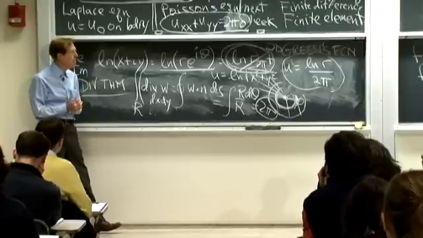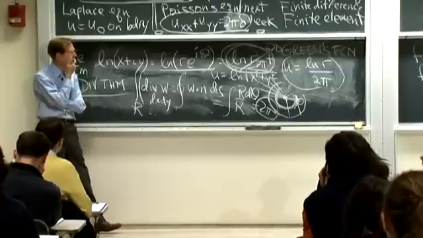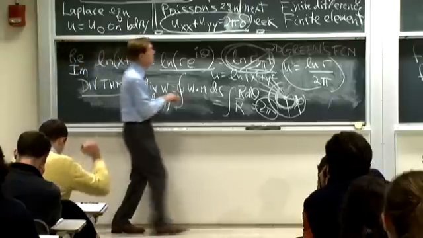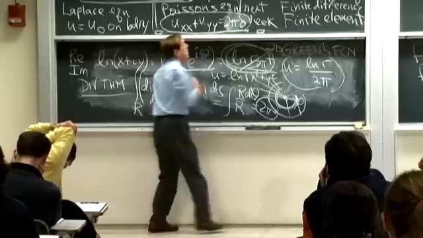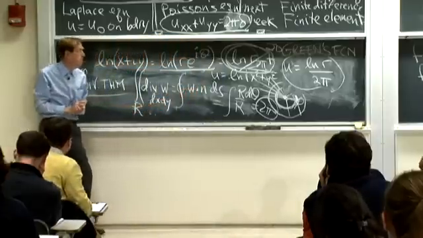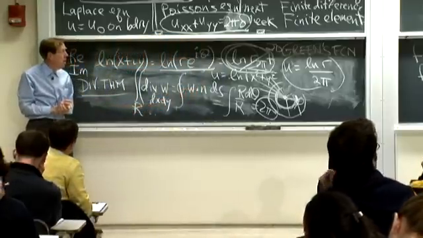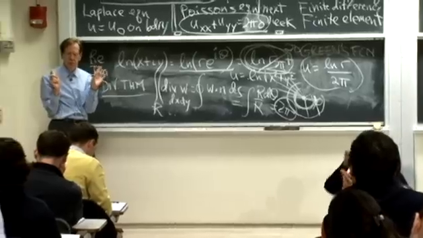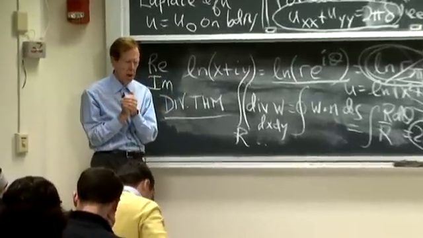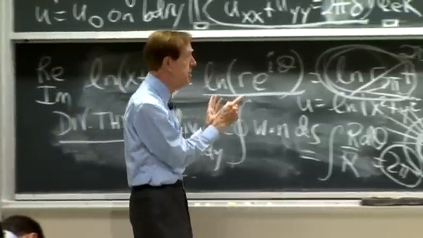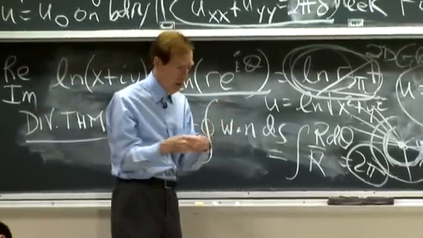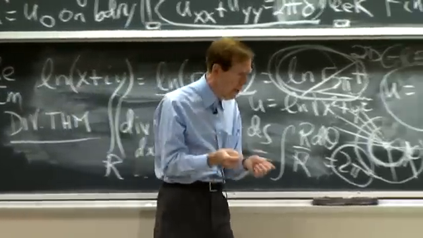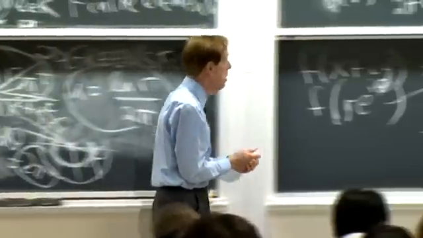Okay. Let me take one moment here, because I'll tell you what conformal mapping is about. But what's your take home from this lecture? Your take home is 2 methods that we can really use to get a formula for the answer.